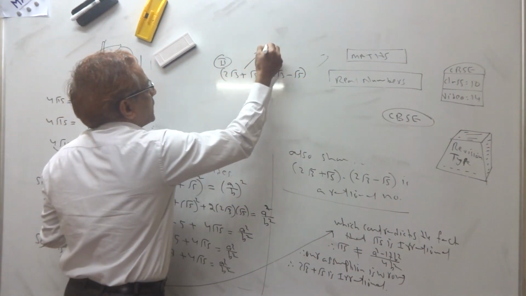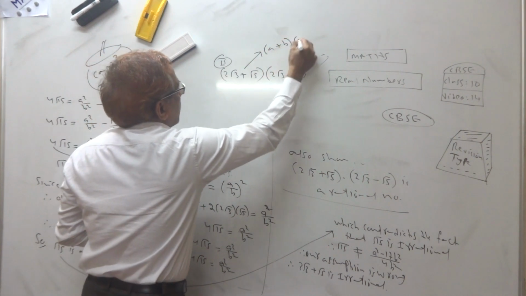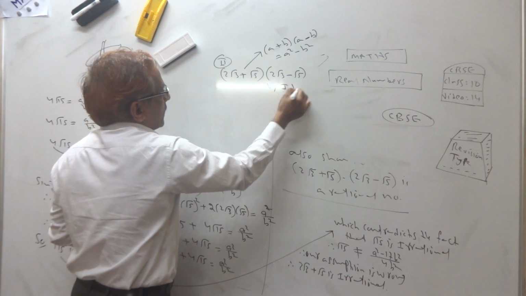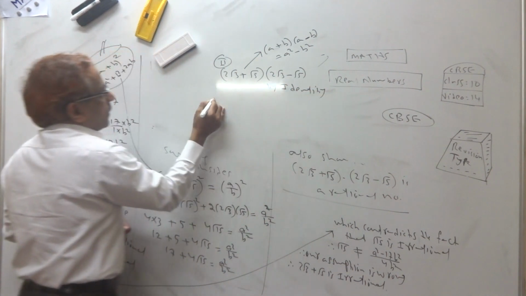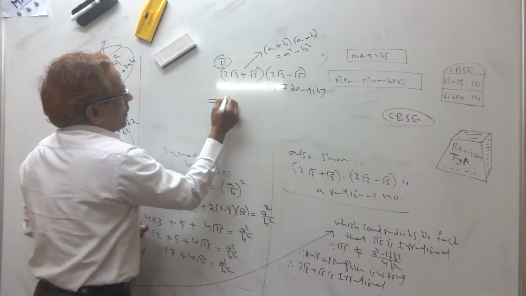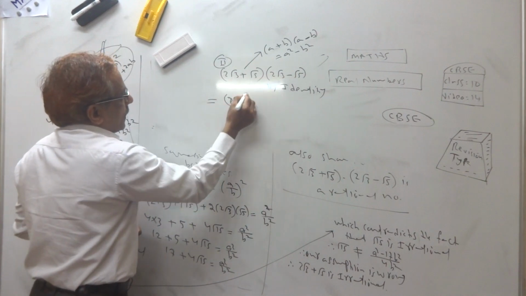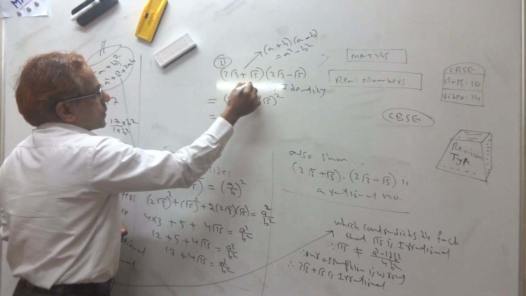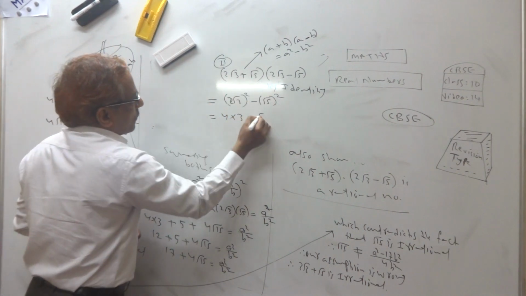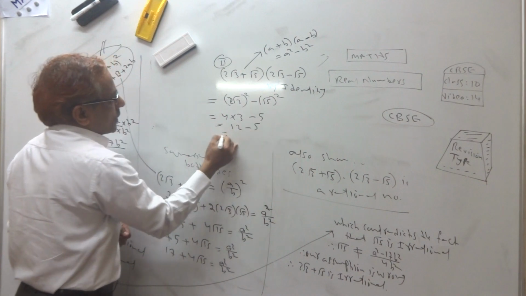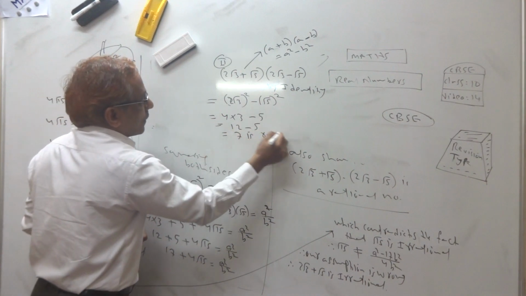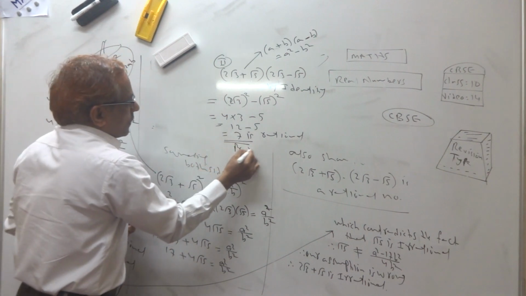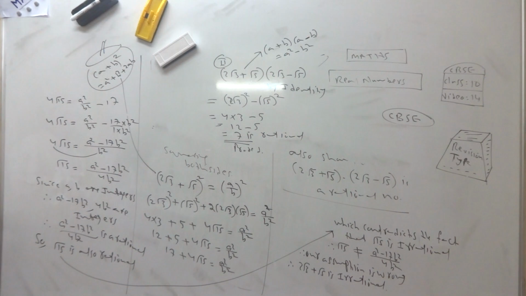Here we use this identity: (a + b)(a - b) is a squared minus b squared. So what is 2 squared? 4. Square root 3 squared, square root 5 squared, 12 minus 5, 7. 7 is rational. We know that 7 is rational. It is proved. So this way we can do this.